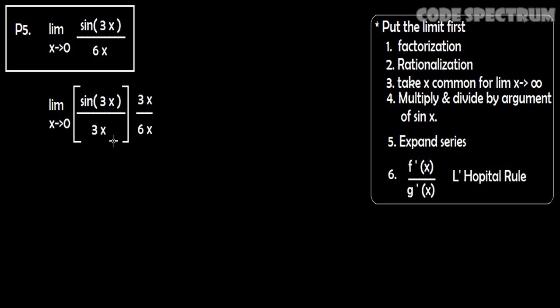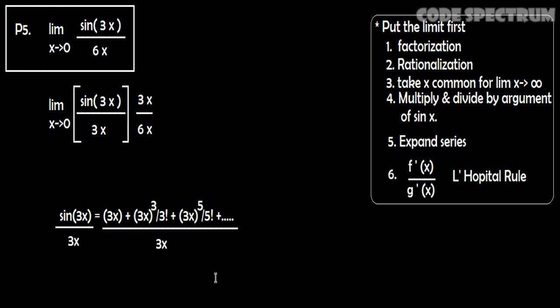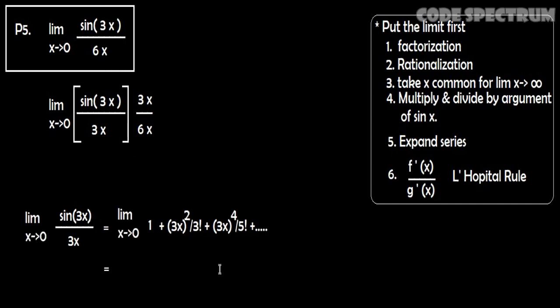It is due to the fact that if you see the expansion of sine 3x and divide it by 3x, and now if you place limit x equals 0 in it, you will get 1 as a result, because 0 will be placed in these terms and all the terms will be cancelled except this 1. So 1 is the answer for this one.